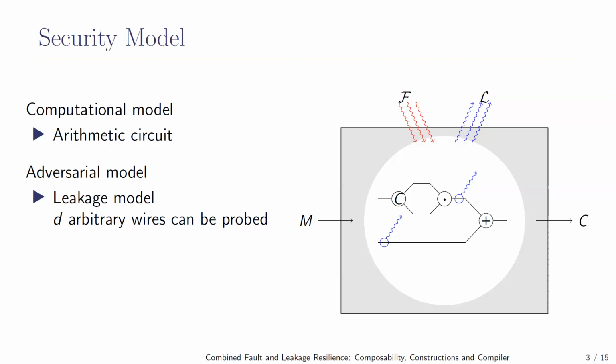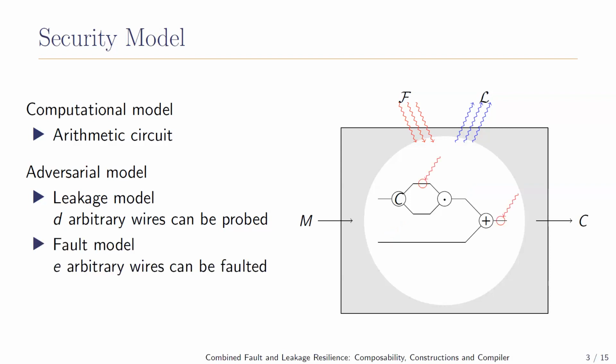We can also define a fault model, where the adversary can choose E wires and fault the values they carry. In our work, we combine both models and give the adversary the right to do both: probe D wires and fault E wires.